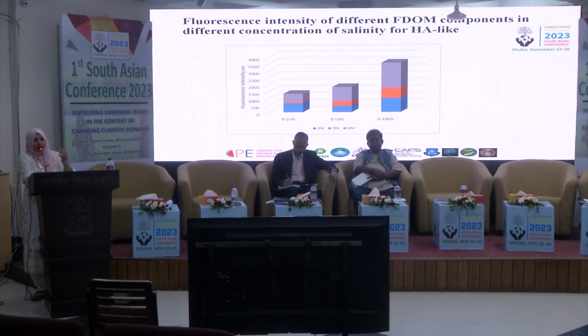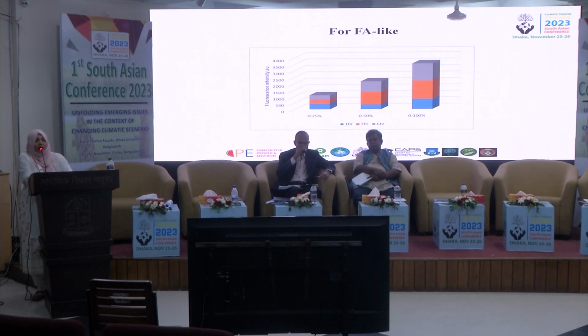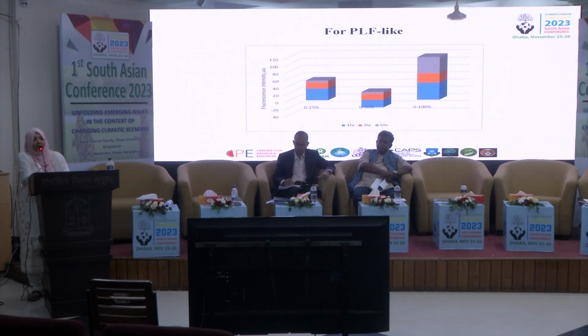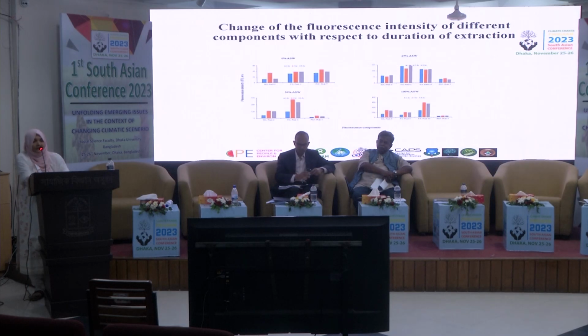As you can see, fluorescence intensity increases with the level of salinity, from 0 to 25%, 0 to 50%, and 0 to 100%. For fulvic acid-like substances, we got the same results. Fluorescence intensity increases with the time and with the salinity. And also for protein-like fluorophore, we have the same results.